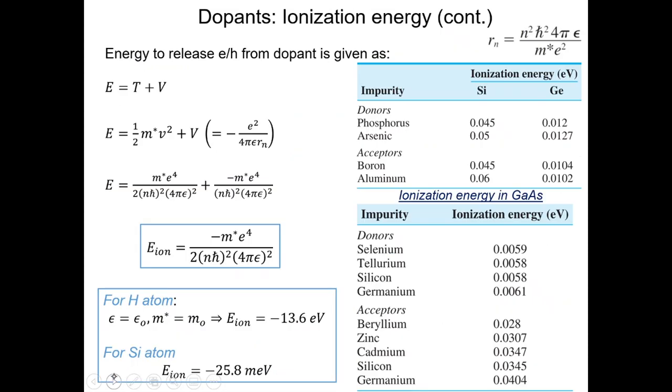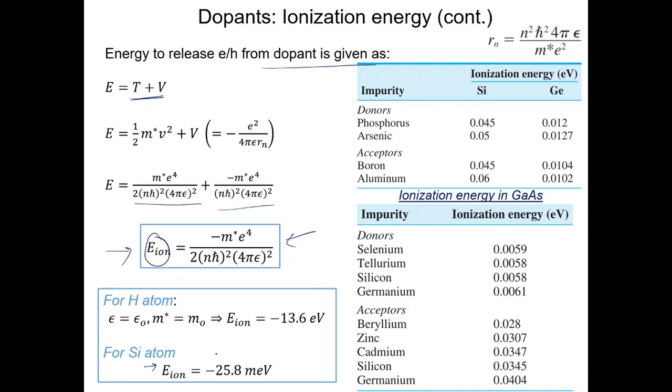You can also calculate the energy required to release the electron or hole from the dopant. You calculate it from the total energy of the system, which is the kinetic energy plus the potential energy, and if you do the maths, you get the total energy associated with that ion. If you feed in all the values for silicon, for instance, you get 25.8 milli electron volt.